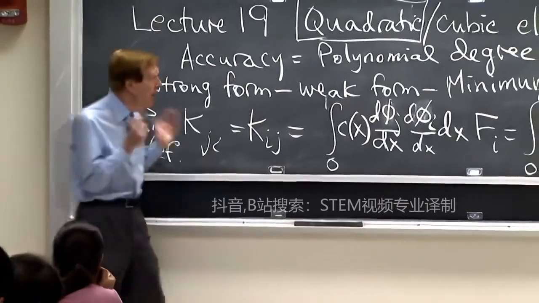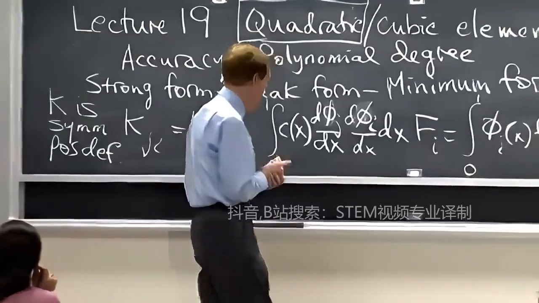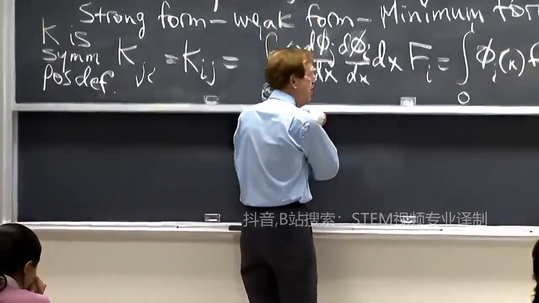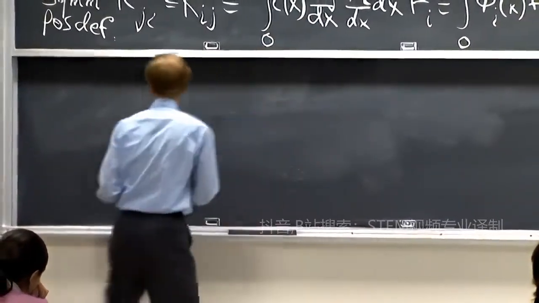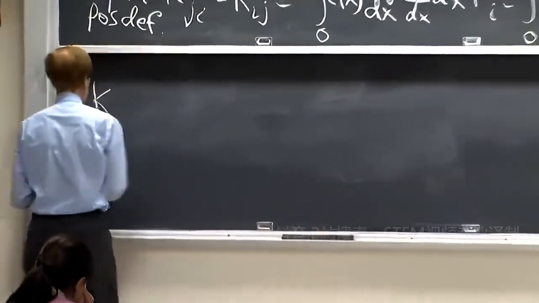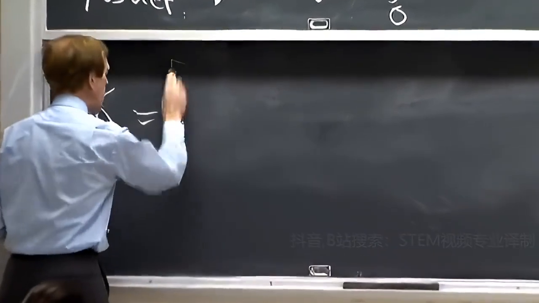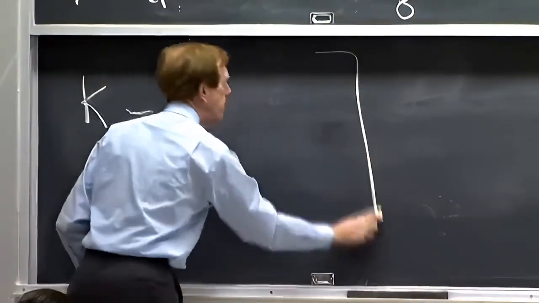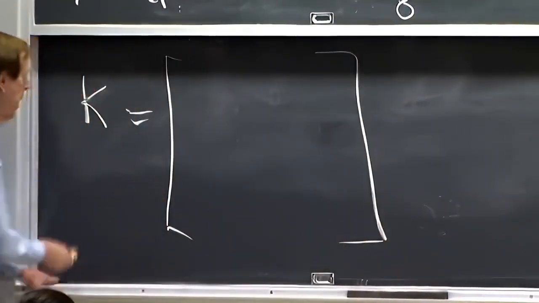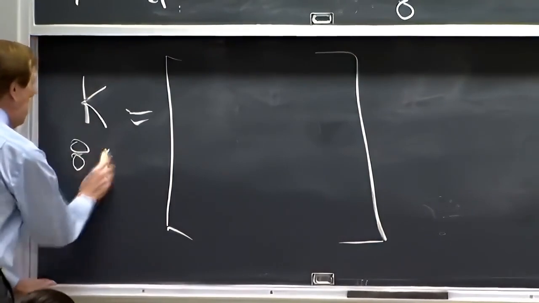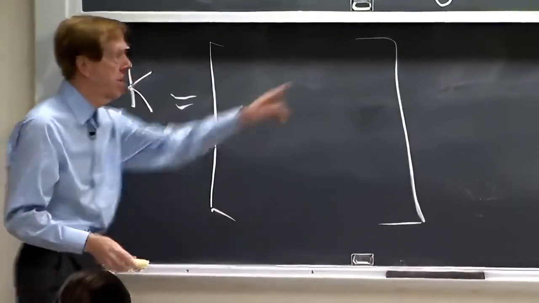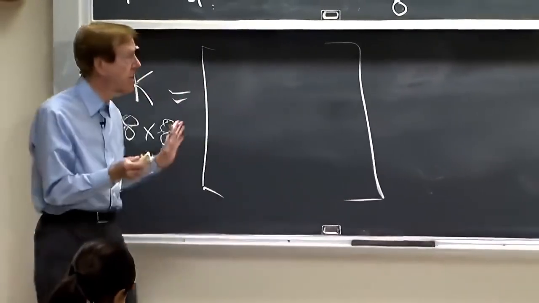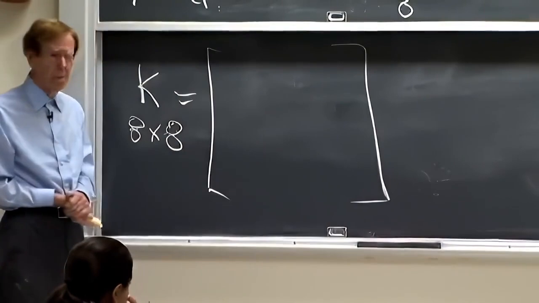Okay. Oh, but here's something to concentrate on. What kind of a matrix K do we have? So where will it be non-zero? So it'll be 8 by 8, right? I'll follow through on this choice, just to say, where will I see non-zeros here?